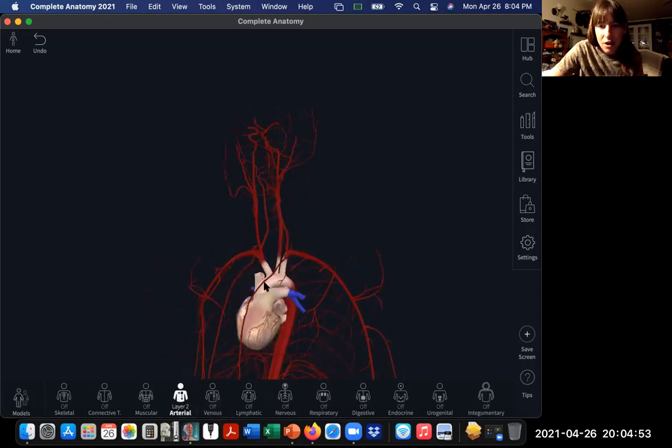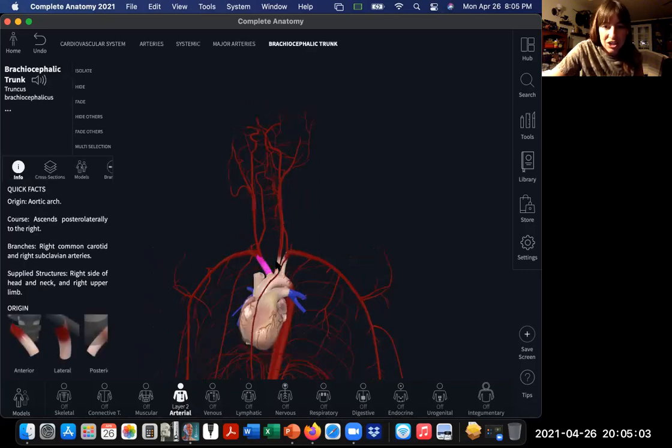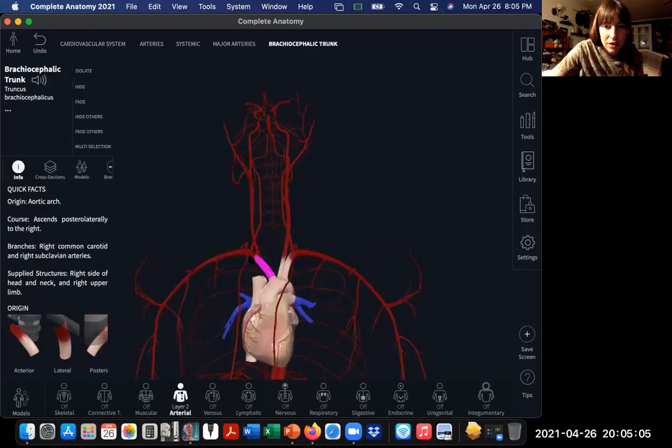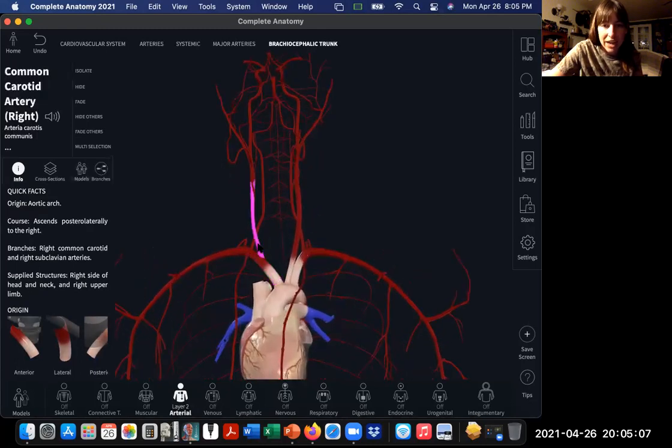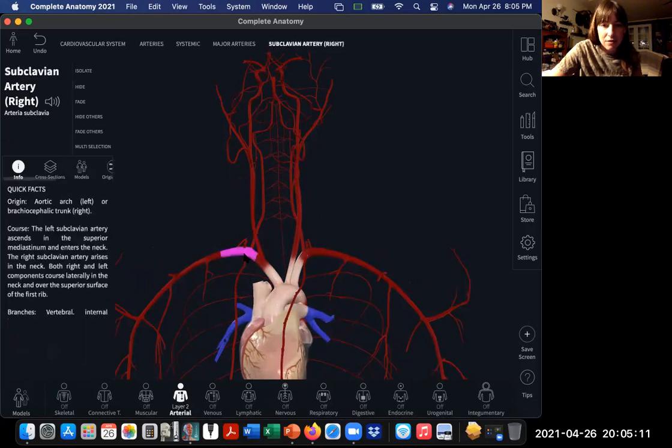So here's our ascending aorta, aortic arch. Here is our brachiocephalic trunk branching into the right common carotid and the right subclavian.